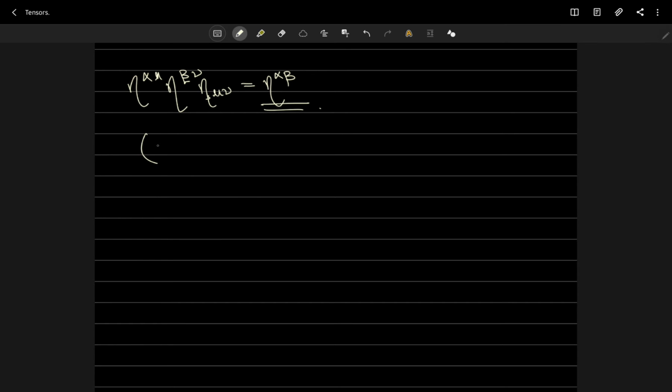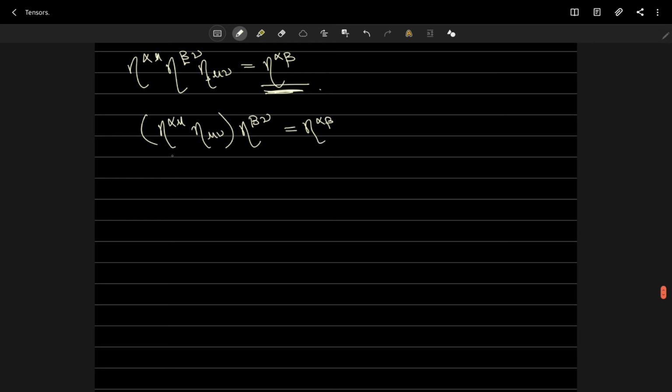We have eta alpha mu, eta mu nu. We have just moved this over there, and then we have eta beta nu, and this is still equal to eta alpha beta.